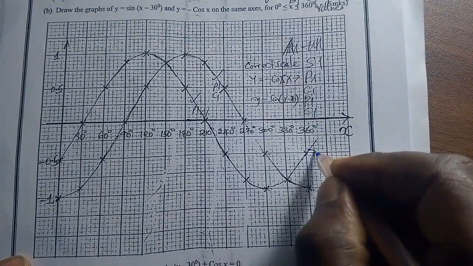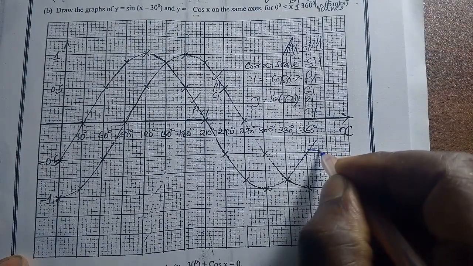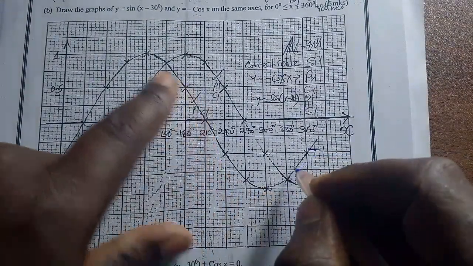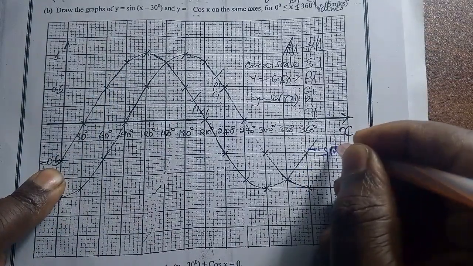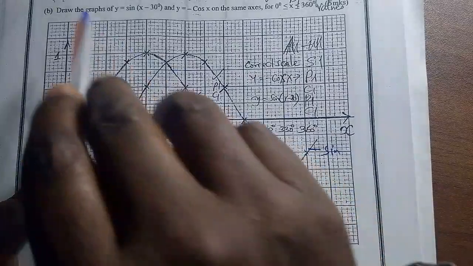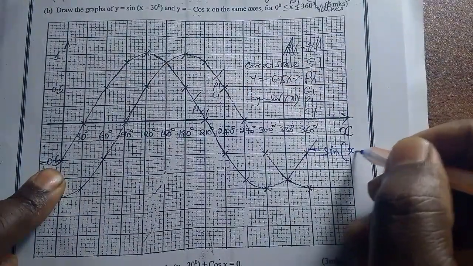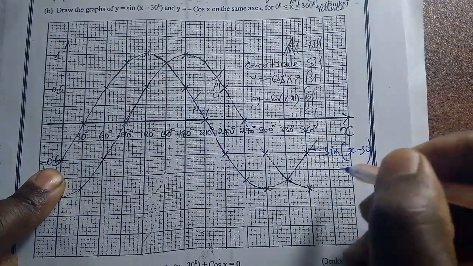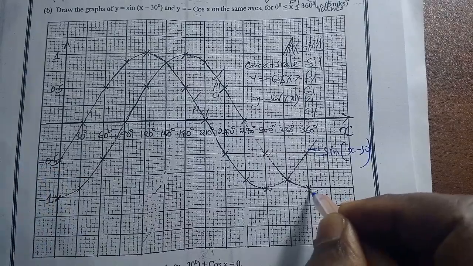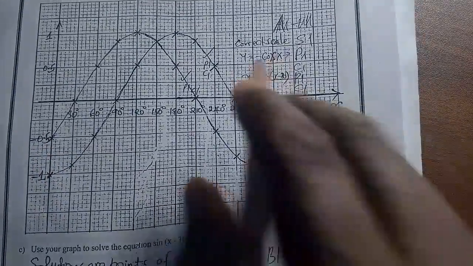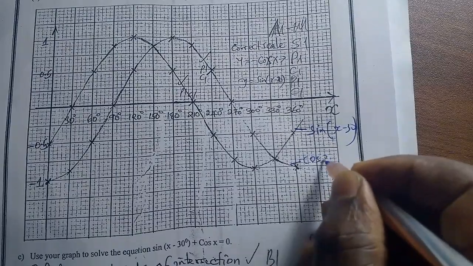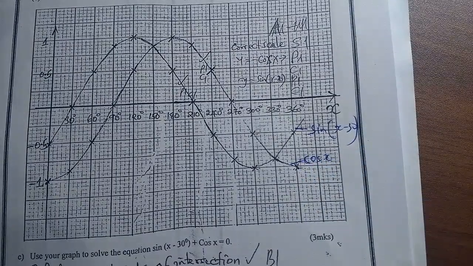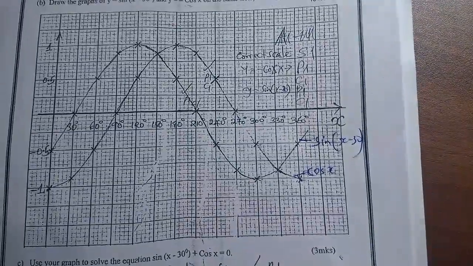Like this, you label and say, this one, this is for sine of x minus 30. This graph here is for negative cos x. That is labeling. Remember to label that for you to score all of the 5 marks.